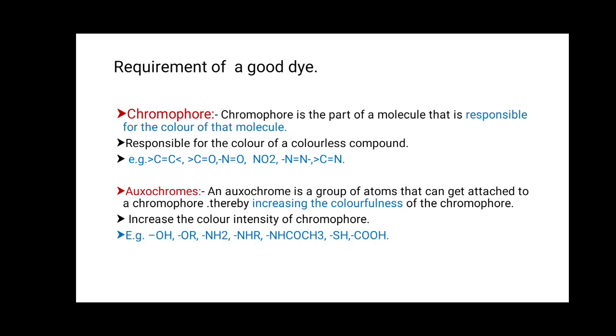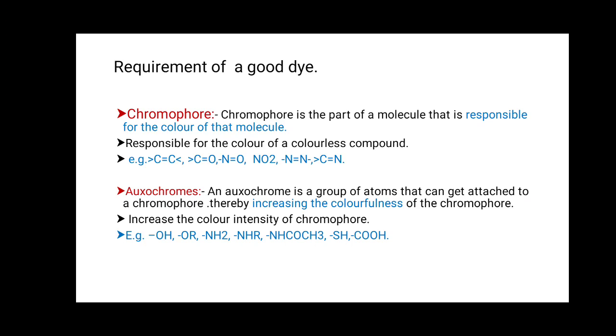They increase the color intensity of the chromophore. Examples of oxochrome are the amino group, hydroxy group, carboxylic group, or dimethyl amino group. There are so many examples of oxochrome.